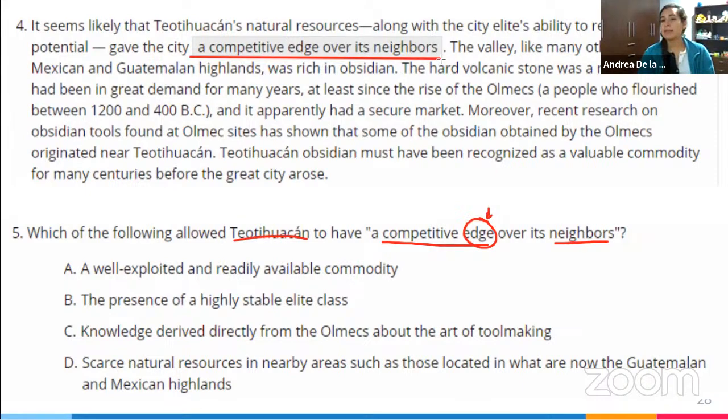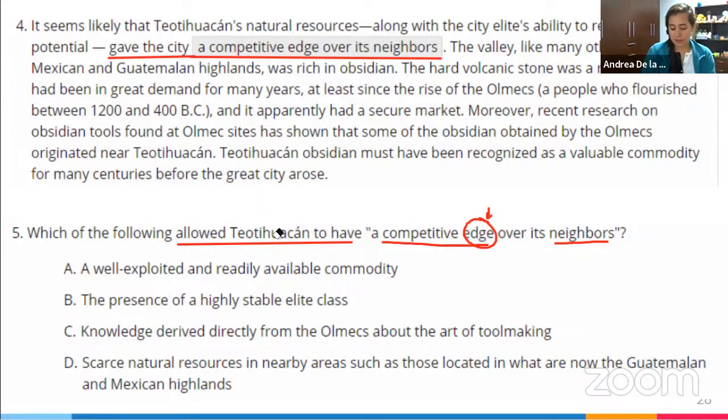And if we read, it says, it seems likely that Teotihuacan's natural resources, along with the city elite's ability to recognize their potential, gave the city a competitive edge over its neighbors. Look at how they say, this gave the city a competitive edge. And the question is, what allowed the city to have a competitive edge? Do you guys think it's the same, or is it close enough at least?